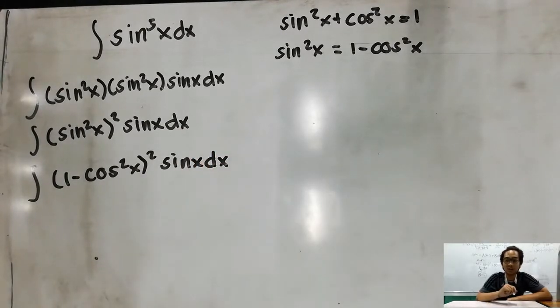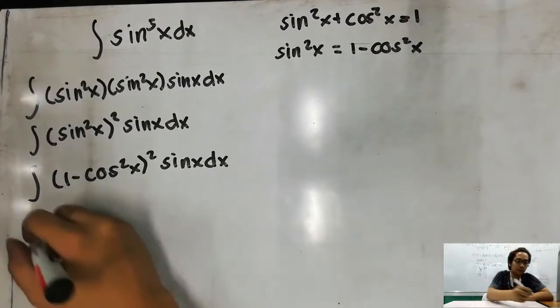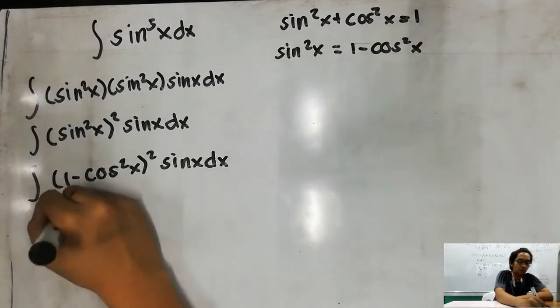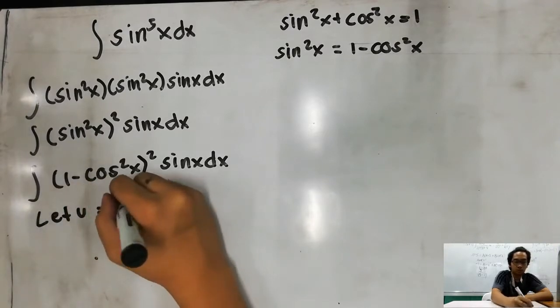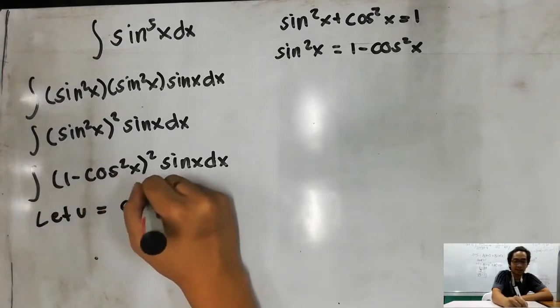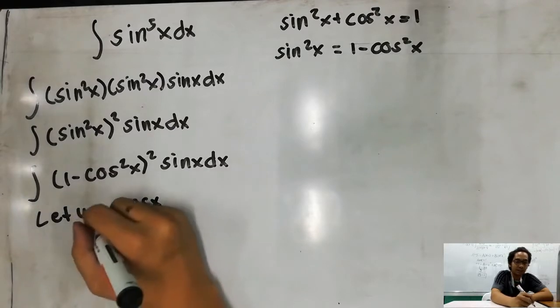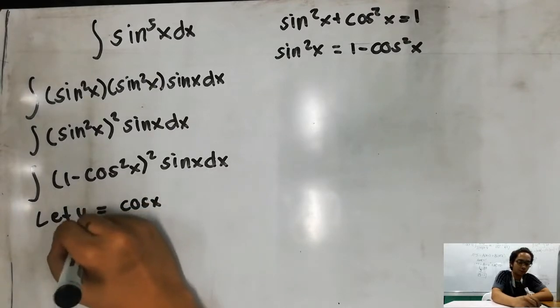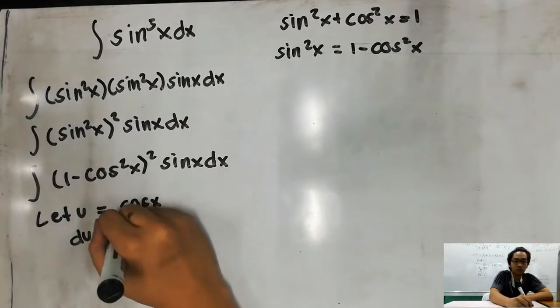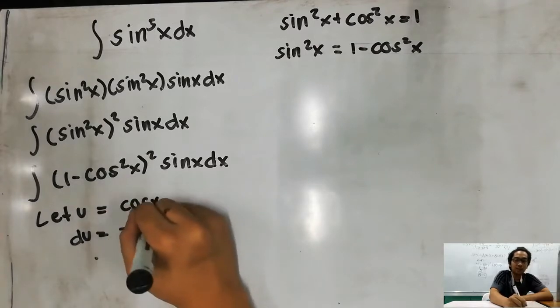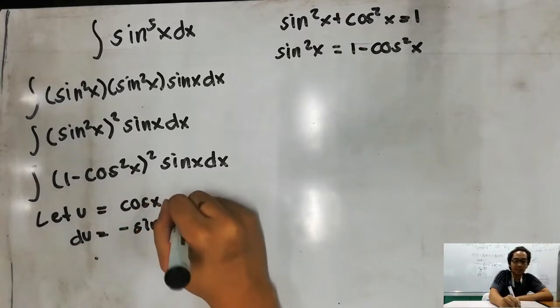Let us now determine our u and du. In finding u, we need to consider which function would be equal to our u. Our u will be equal to cosine x. Its derivative will be equal to negative sine x dx.